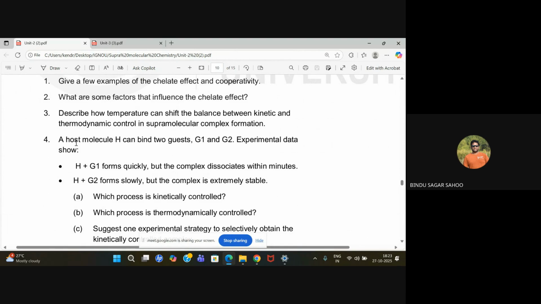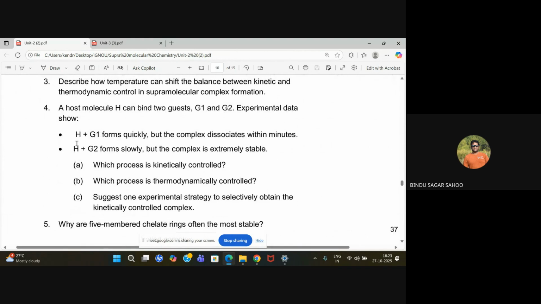Okay, question number 4: a host molecule H can bind to guest molecules G1 and G2. First, the host and G1 form quickly, but the complex dissociates within a minute. Then the host and G2 form slowly, but the complex is extremely stable.